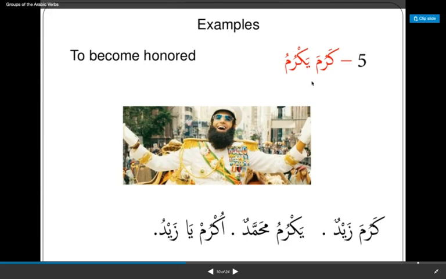And karuma yakrumu means to become honored. You can see that we do not have in English a verb equivalent to karuma or yakrumu in the present tense.